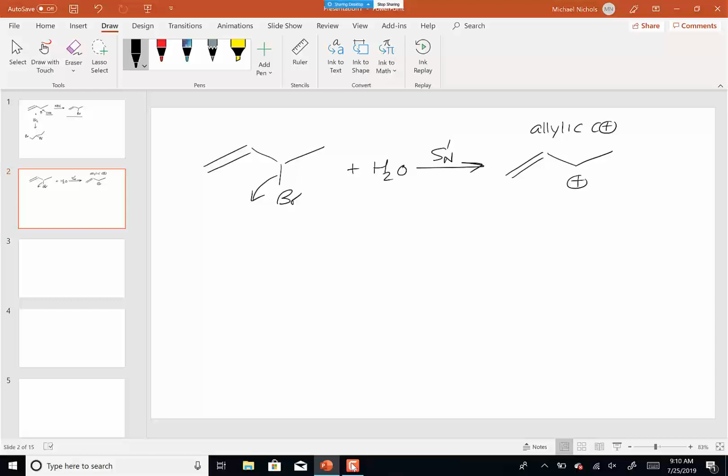So just like yesterday we had an allylic radical that had resonance structures, we now have an allylic carbocation that has resonance structures. So I'm just going to write that down here so I can write them side by side. So here's my first allylic radical. What is the resonance structure of this going to look like?